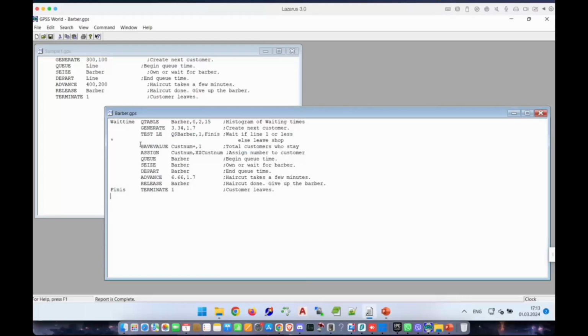So next, we have here a very unusual operation, and this is maybe one of the more complicated things related to GPSS. Here we have the variable custom, which appears in two different manners in this model.